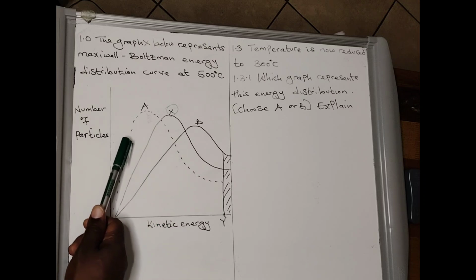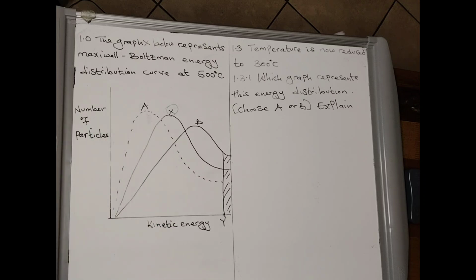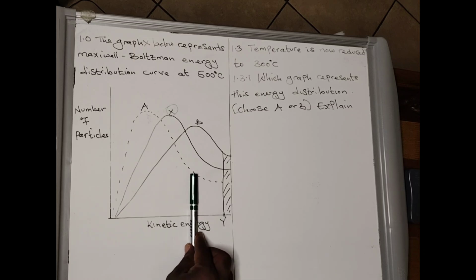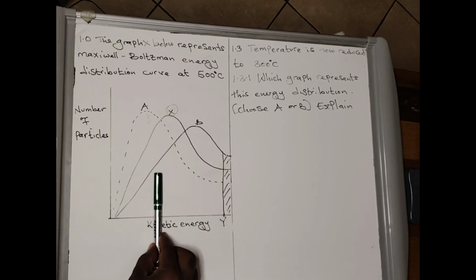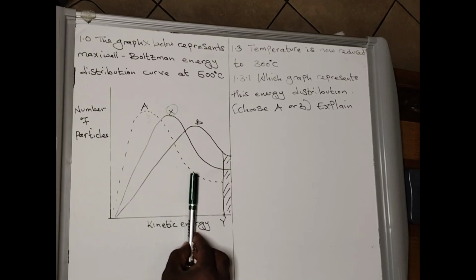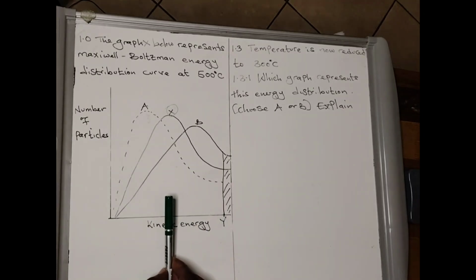The graph which has adopted is A. Okay, so it's going to be A. Why A? Because reduction of temperature decreases the total energy of the system, or total kinetic energy of the system.